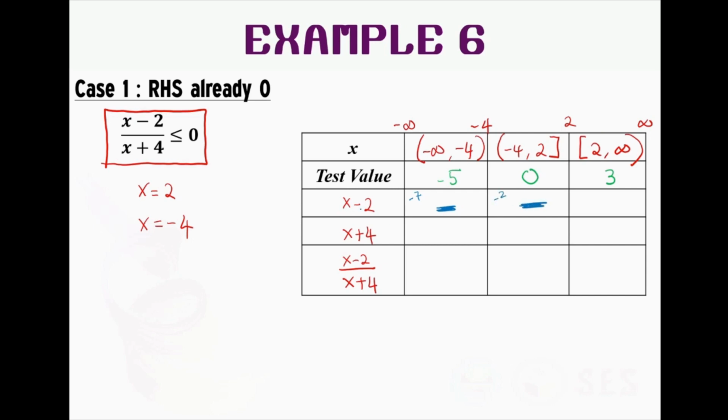If I substitute 3, 3 minus 2 is 1, so it's a positive number. Negative 5 plus 4 is negative 1, a negative number. 0 plus 4 is 4, a positive number. 3 plus 4 is 7, a positive number as well. And multiplying these two signs vertically, we get positive, negative, positive.